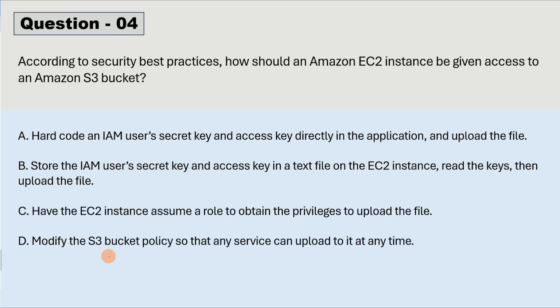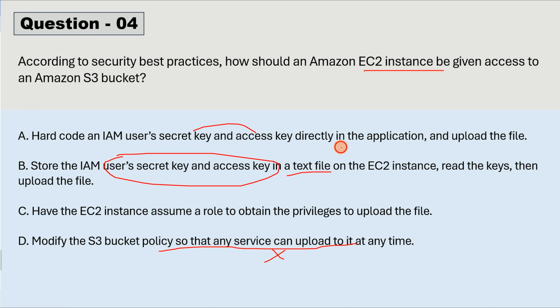So let's start from option D. Here it mentions that any service can upload to it. Is that the requirement of the question? Here the EC2 instance can be given access. So this is incorrect. Now, store the IAM secret key and access key in a text file. It is not ideal practice to store it in a text file or hard code it in an application, and that too the secret key and access key.